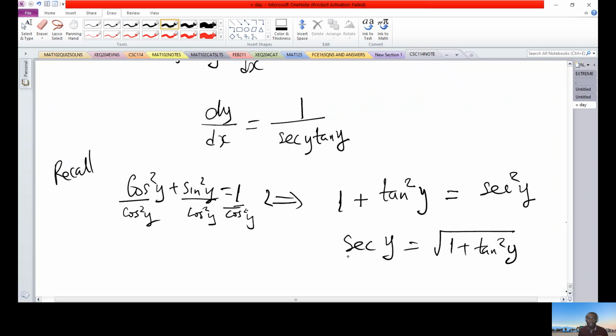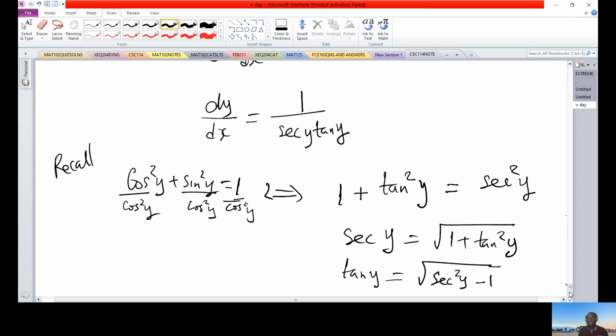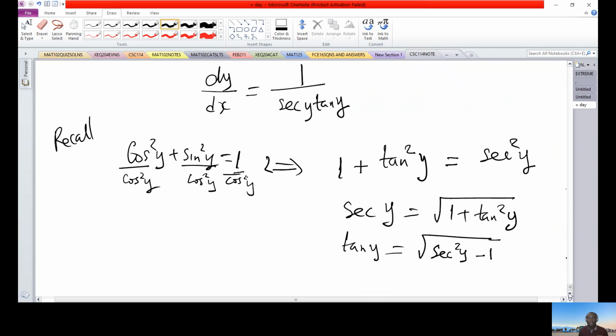Or the same thing is saying tan y is the square root of sec squared y minus 1, making tan the subject. This is what you get.